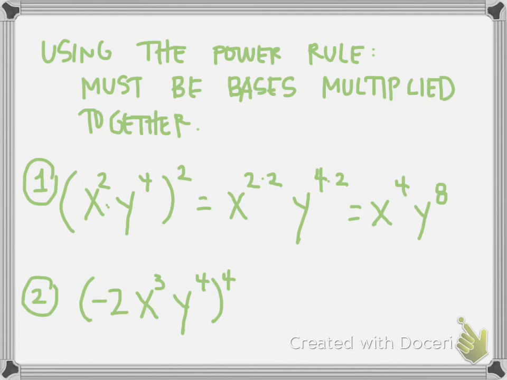Okay, so what about this one here? This is negative 2 x cubed y to the 4th, all of that raised to the 4th power. Okay, so what is the exponent on negative 2? That's negative 2 raised to the 1st power.